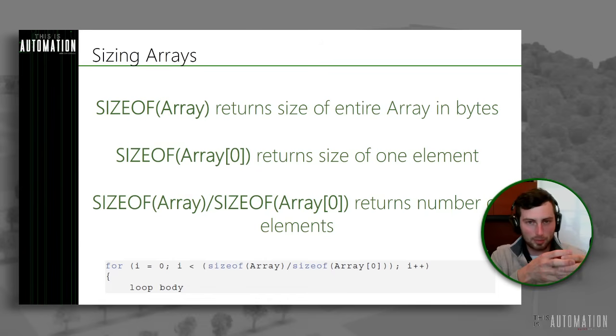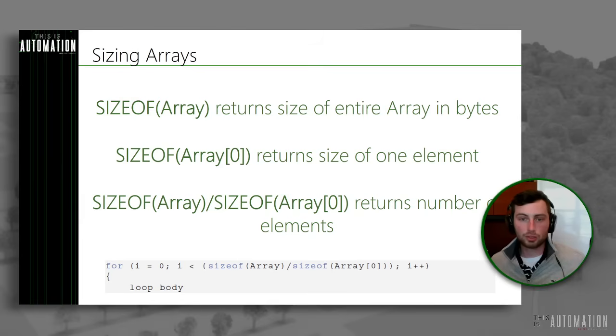If we know how much one element takes up, and we know how much the whole array takes up, we can just divide those two values, and then we know, okay, this is 8 elements to fill up this much space. So that's exactly what we do. You would take the sizeof(array) and divide that by the sizeof a single element in that array. Usually you want to use 0 because an array is always going to have that 0 element, regardless of how big or small it is, and that'll return the number of elements.